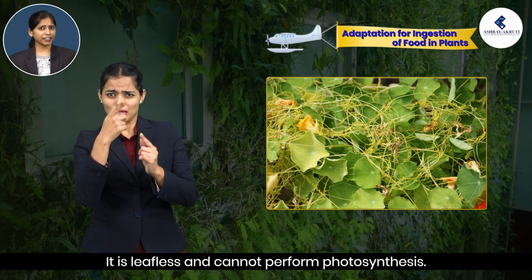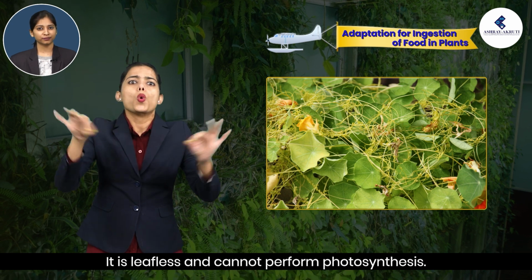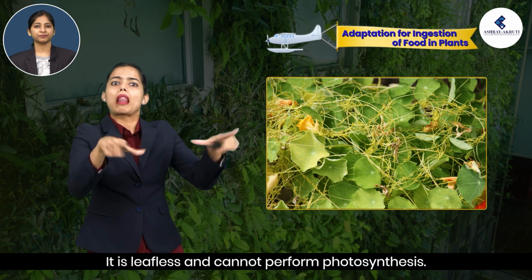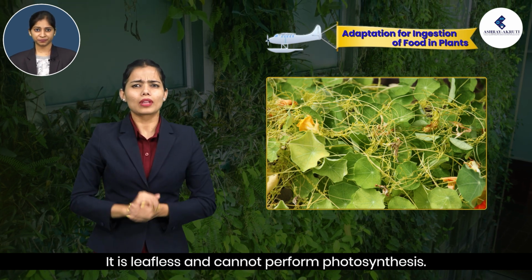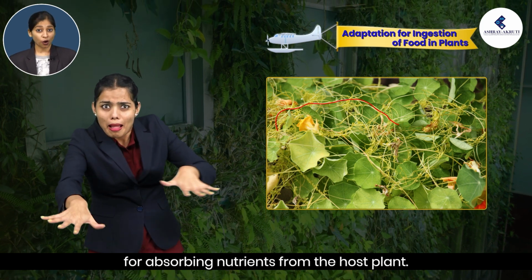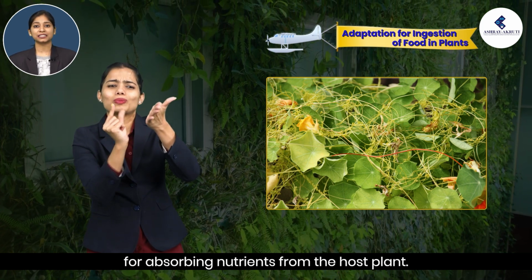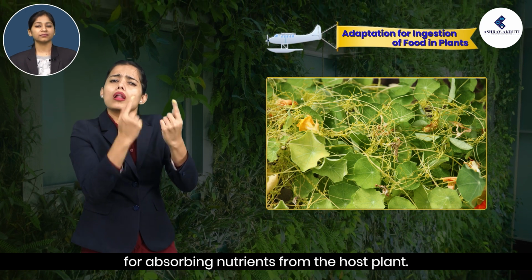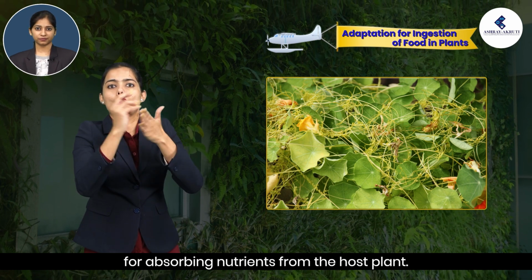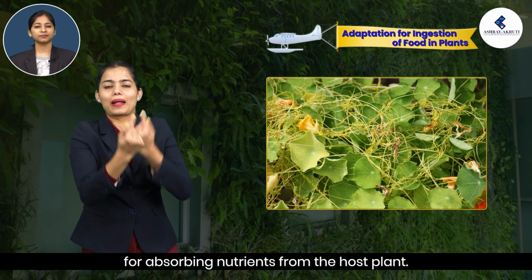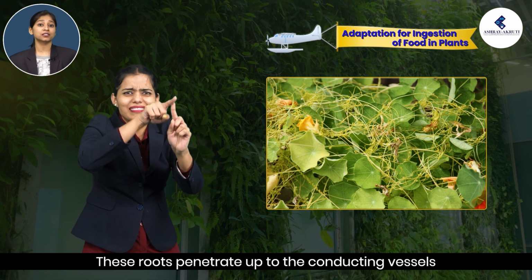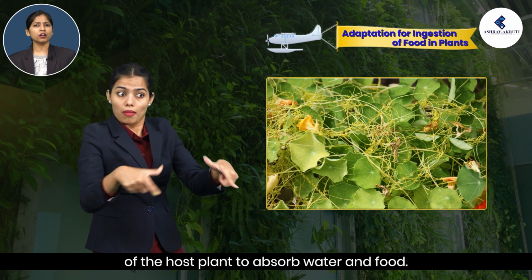It is leafless and cannot perform photosynthesis. However, it has haustoria, sucking roots, for absorbing nutrients from the host plant. These roots penetrate up to the conducting vessels of the host plant to absorb water and food.